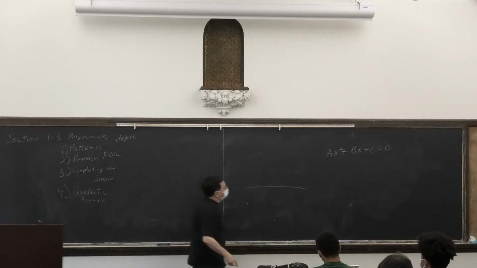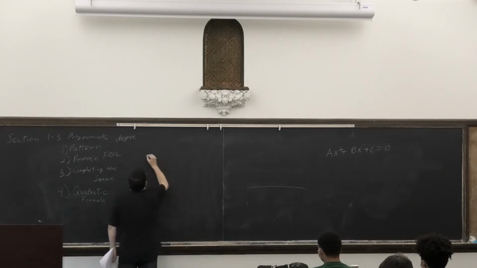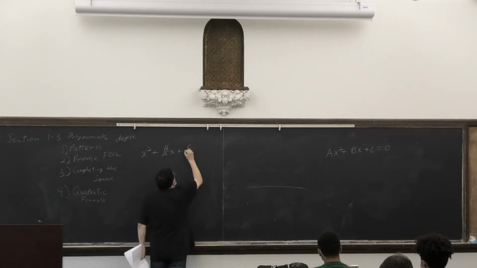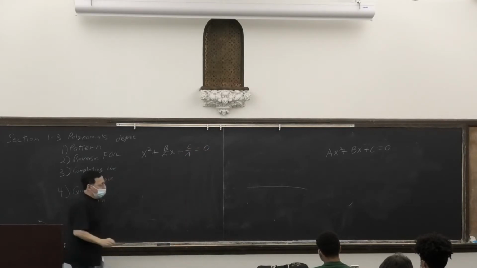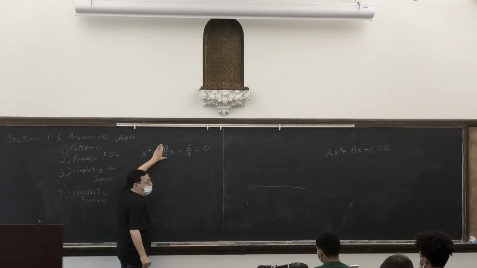So the first thing we're going to do here is divide by a. So we get x squared plus b over a x plus c over a equals 0. To complete the square, we take this coefficient, divide it by 2, and square it.